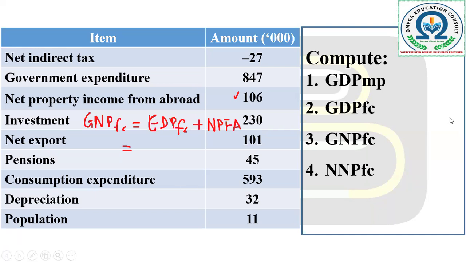So NNP-FC is GNP-FC minus depreciation. So that's it.